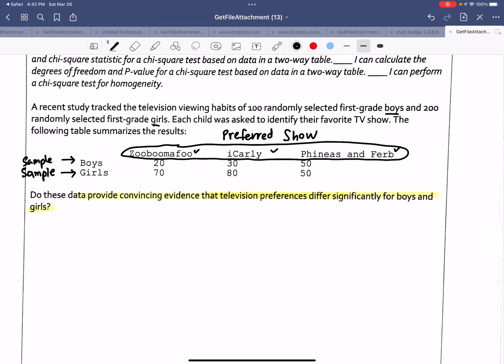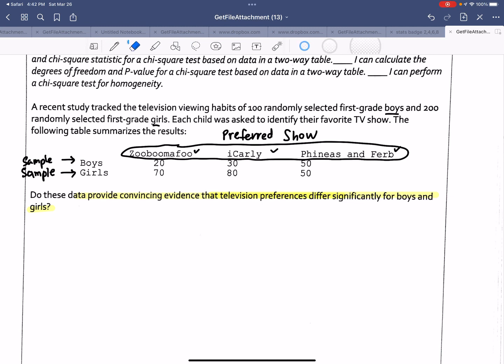So what must we assume? We must assume it doesn't differ, that regardless of whatever the show is, the girls and boys like it the same amount. So what would the data look like if it was absolutely the same across the board?